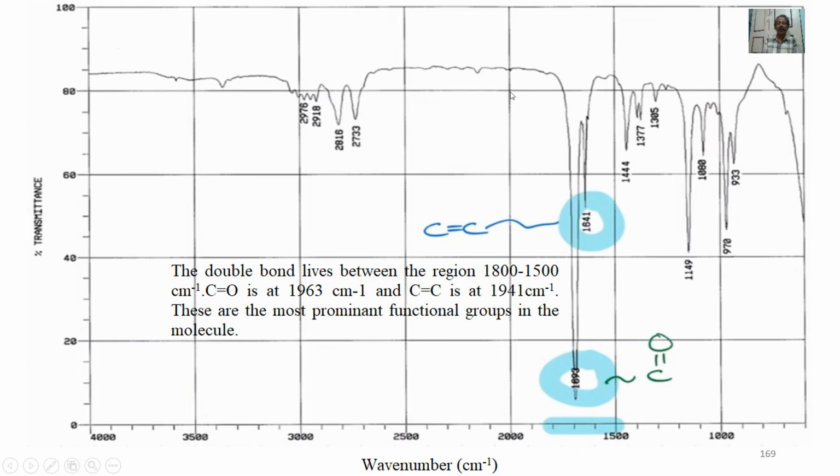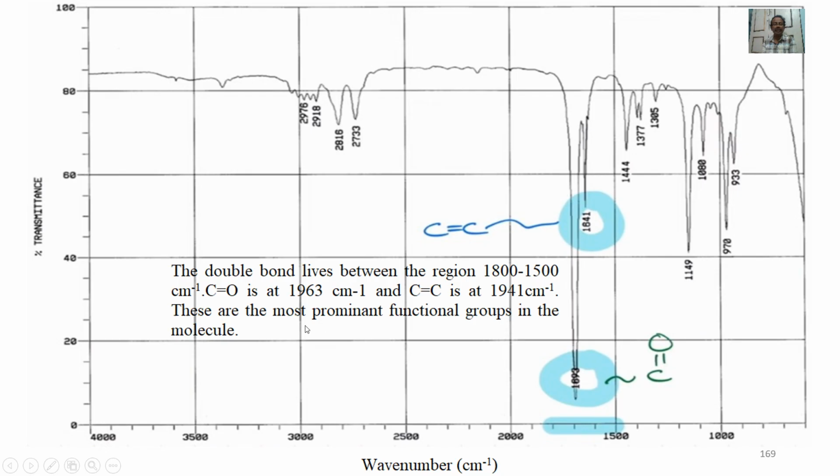So this is nothing but your C≡C triple bond. And what is this? This bond lies at 1893 per centimeter. So this is a C=C double bond. The double bond lives between 1800 and 1500 per centimeter. C=O is at 1963 per centimeter, and C-C is at 1041 per centimeter.